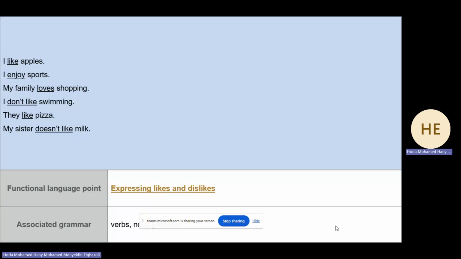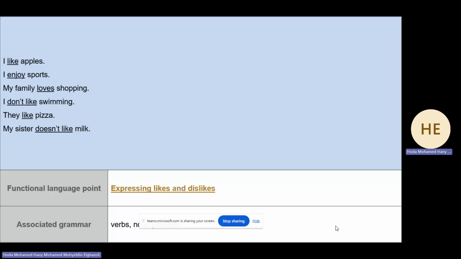He likes sports cars. And in the negative form, I don't like swimming. I don't. We don't like. They don't like, if it's plural. But if it's singular, my sister doesn't like milk.